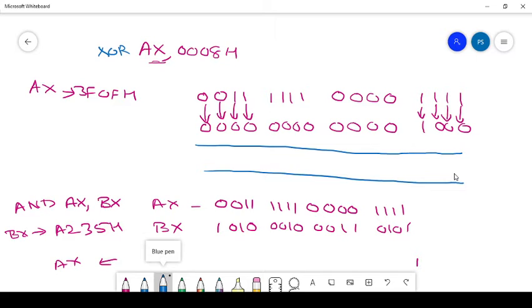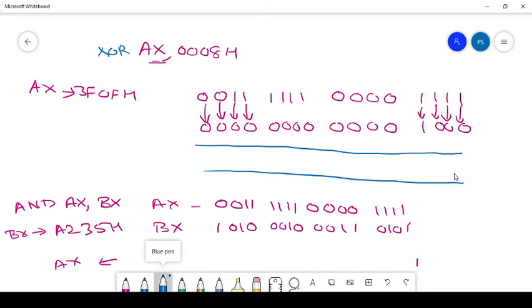So NOT AX means complementing each bit. So 0 becomes 1, 1 becomes 0. Similarly 1 1 1 1 0 1 0 0 0 1 1. So this will be the answer for NOT AX.